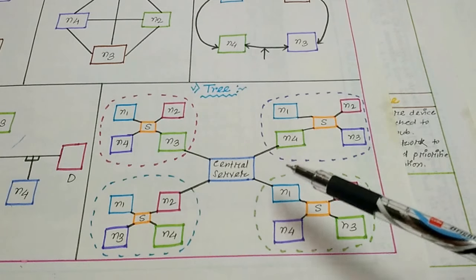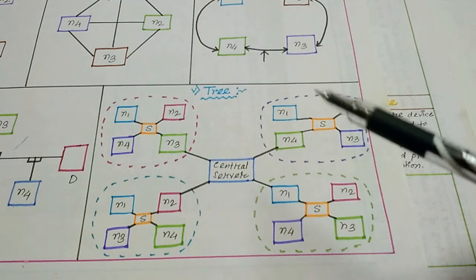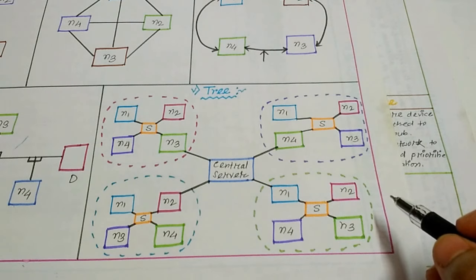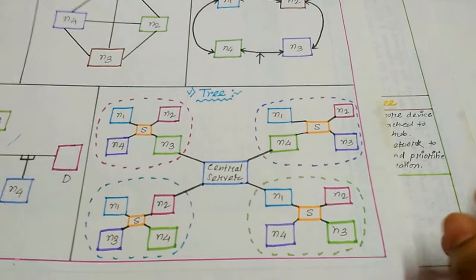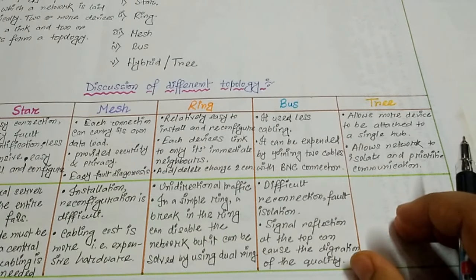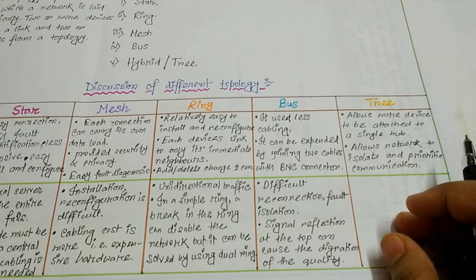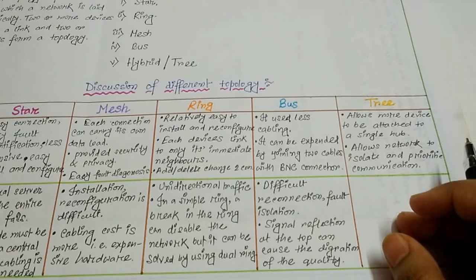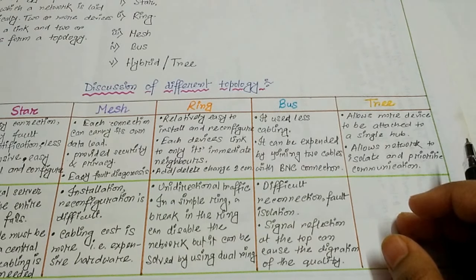It's basically a star topology in enlarged size. What is tree topology? It is a modified version of star topology. The nodes in a tree are linked to the central hub through a repeater, which amplifies the signal.